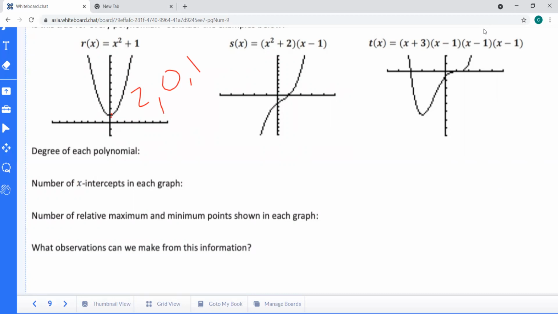Here we have 3 as the degree. How many x-intercepts do we have though? We only have 1 x-intercept. Well, how many maximums and minimums are there? There's 0 for this one. I can't tell whether there's a maximum and a minimum.